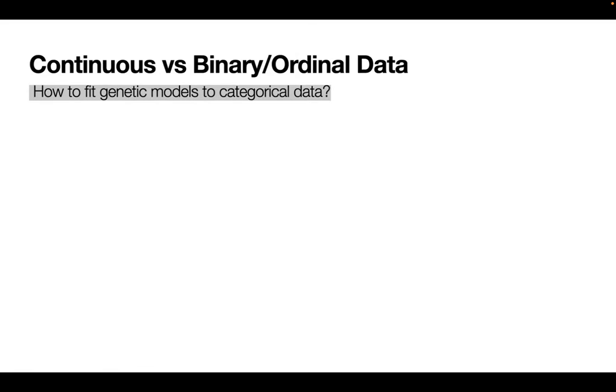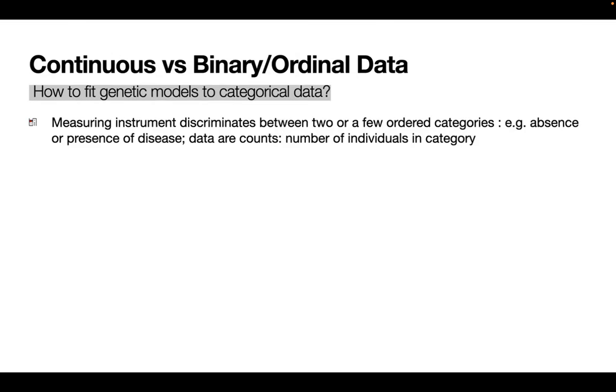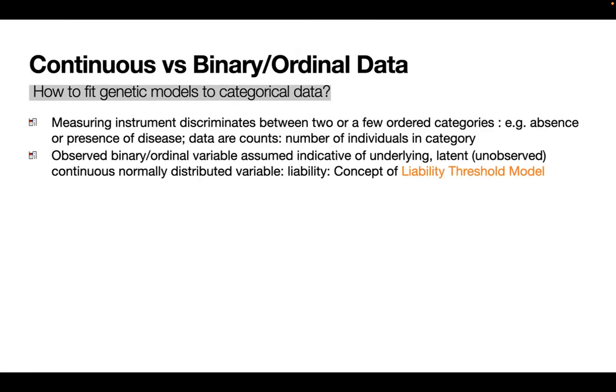Now, we have so far analyzed a continuous trait, but how do we deal with binary or ordinal traits? Often, our measuring instrument can only discriminate between two or few ordered categories, such as the absence or the presence of disease, and so we end up with counts, or the number of individuals in these categories.